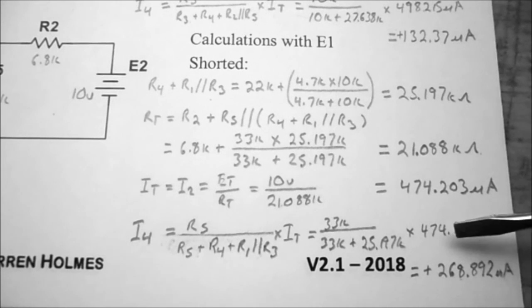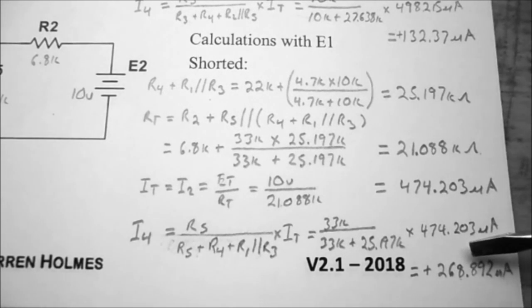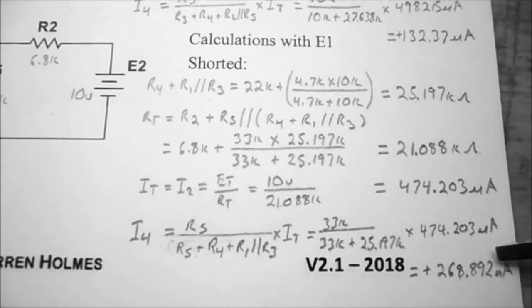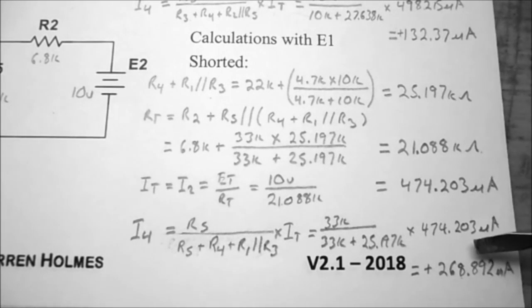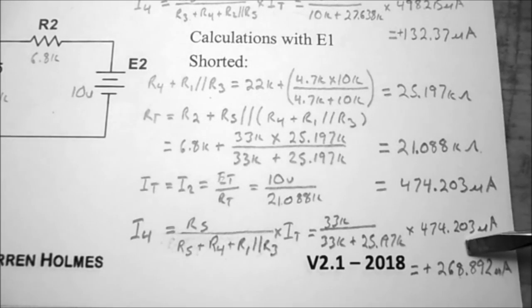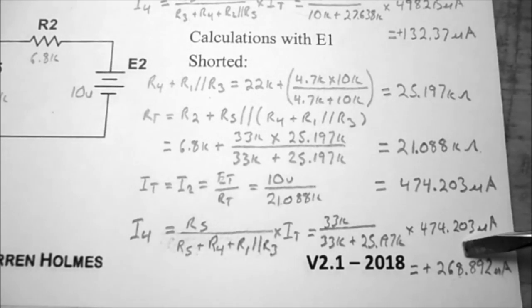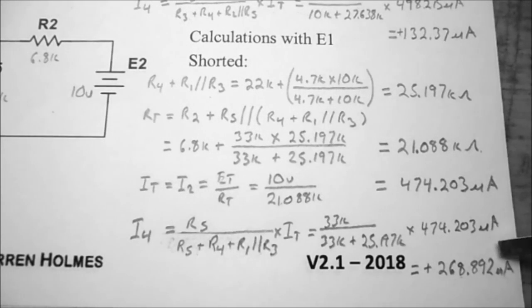And that works out to 268.892 microamps. Now keep in mind, this is flowing in the opposite direction to which we want. We want the current flowing from point A to point B, and the plus 268 is the current flowing from point B to point A, so we have to record this as minus 268.892 microamps.